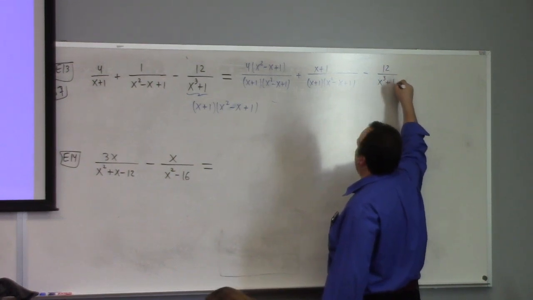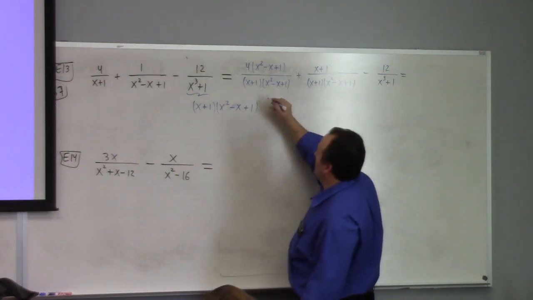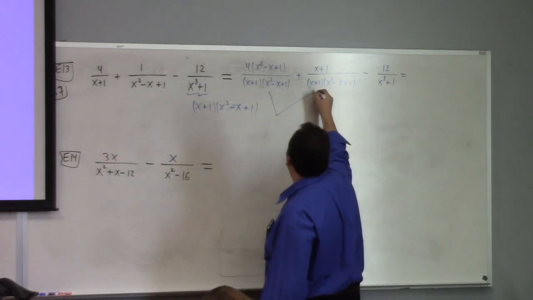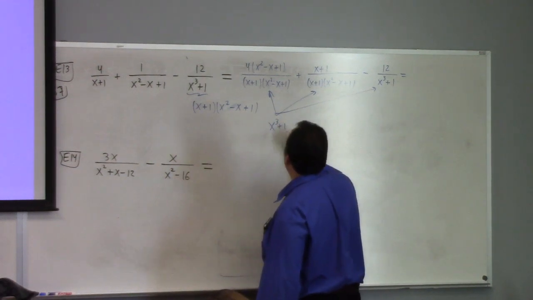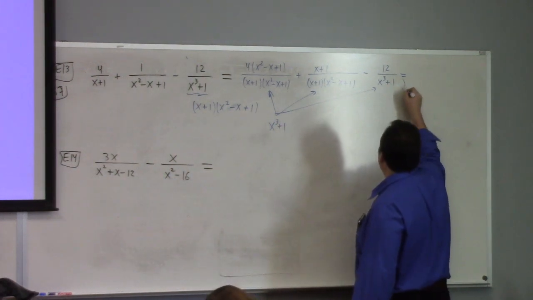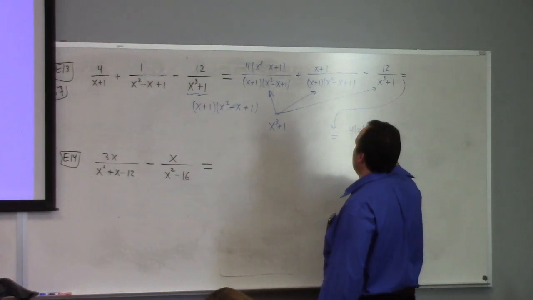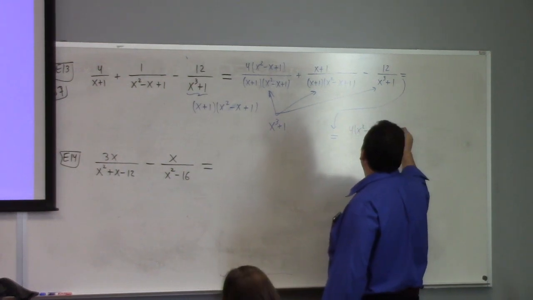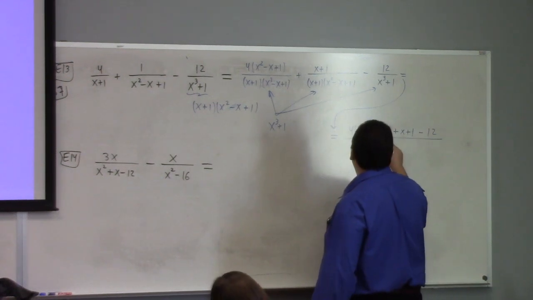So now, after I make these adjustments, I have a common denominator everywhere. All three of these are x cubed plus 1. And so the answer then is 4 times x squared minus x plus 1 plus x plus 1 minus 12, all divided by x cubed plus 1.